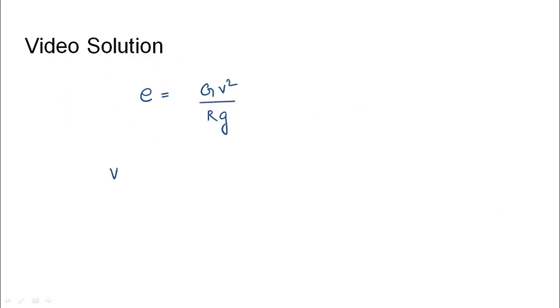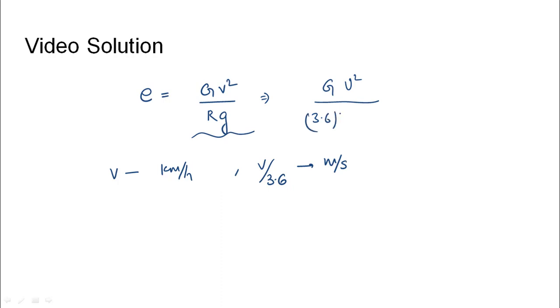So in case v is given to us in km per hour, the value of v that we would use is v by 3.6 in meter per second, as the formula is in SI units. So this would result in g v square divided by 3.6 square into the value of g, that would be 9.8 into r.